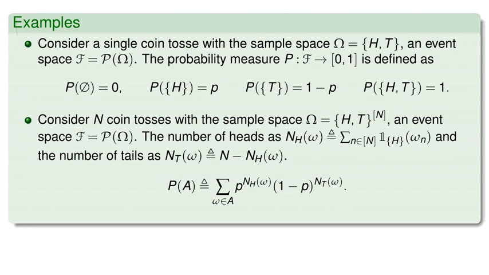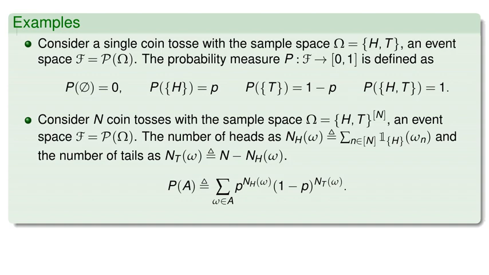Second, consider n coin tosses with sample space omega equals the set {H, T} to the set of integers from 1 to n, and event space script F equals script P of omega. Let N_H of omega be the number of heads in outcome omega, defined as the sum over i from 1 to n of the indicator of H for omega_i. Similarly, N_T of omega is n minus N_H of omega.